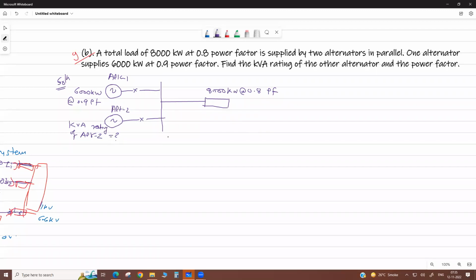So here, very simple way. We call these the loads and their parameters: total load, load on alternator 1, load on alternator 2.